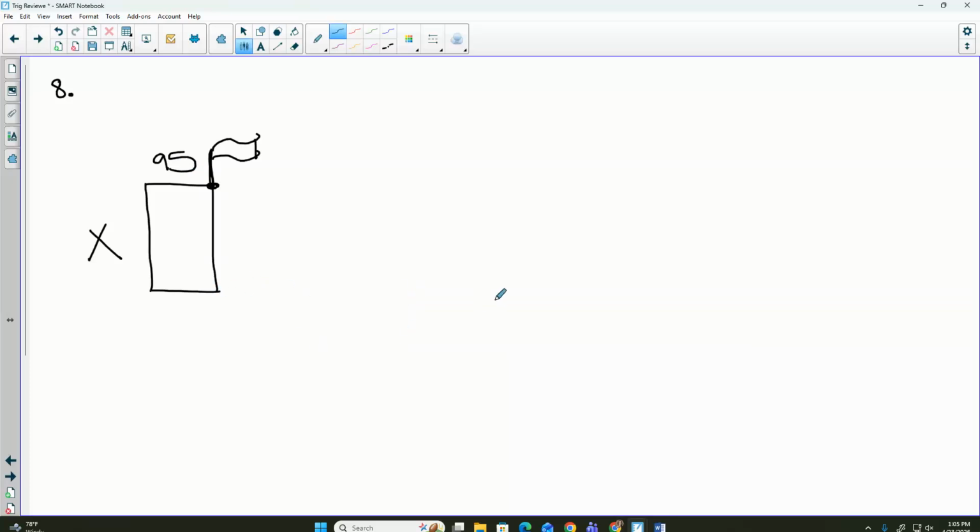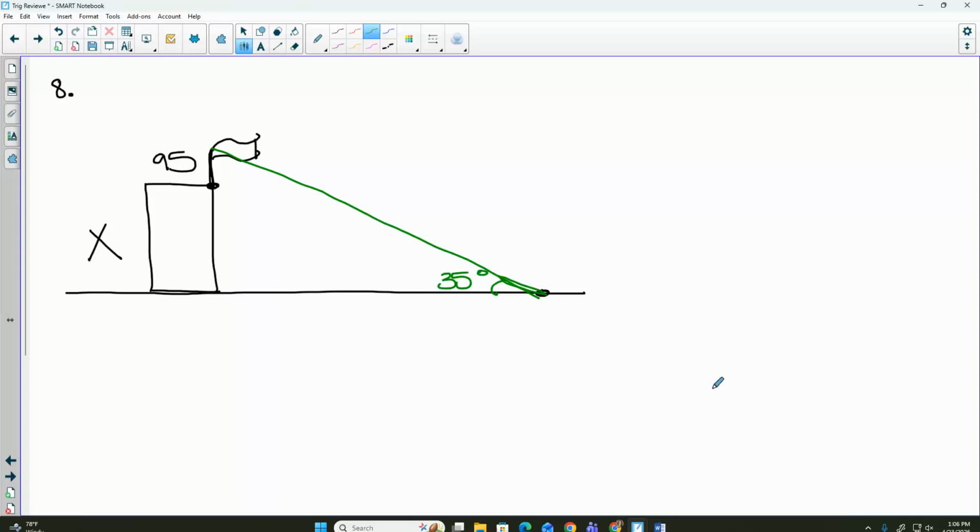Then it says from a point on the ground, so the ground is down here, the angle of elevation, remember that goes from the horizontal up, to the top of the flagpole is 35 degrees.